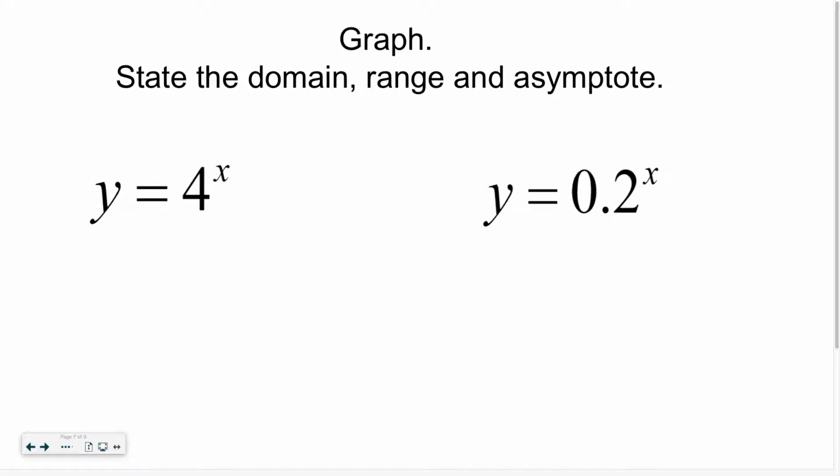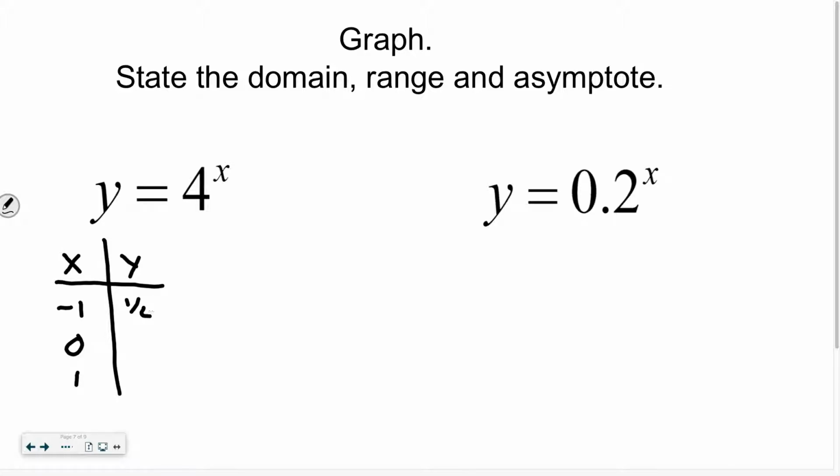Okay, so these are going to be problems like on your homework: graph, state domain, range, and asymptote. You're just starting with a new base. I would say you could probably even get by with -1, 0, and 1.